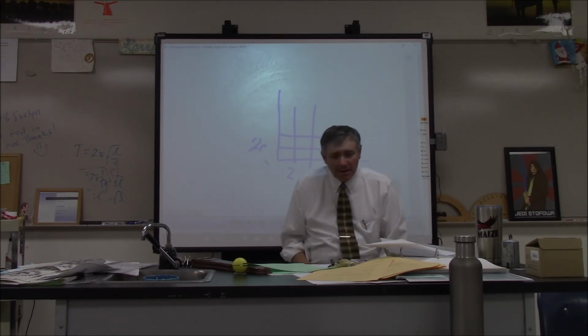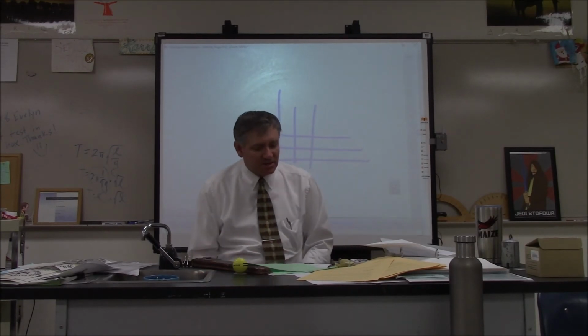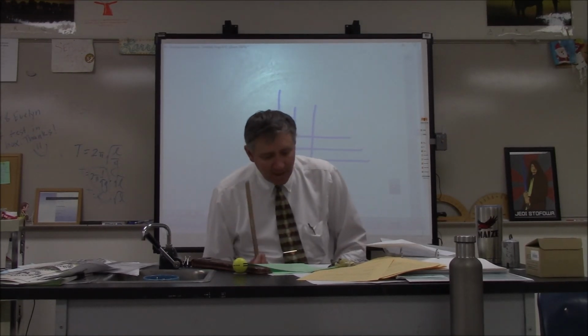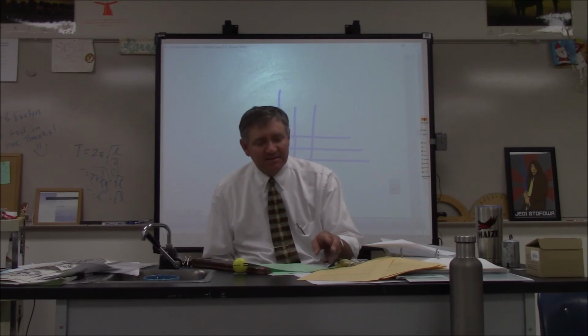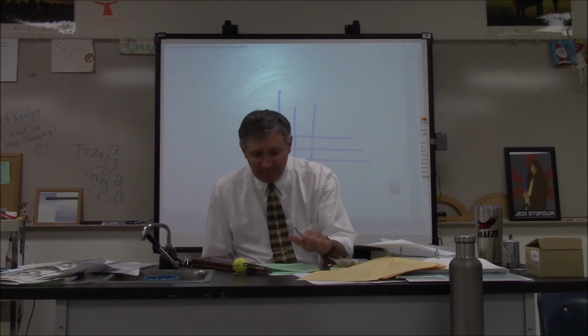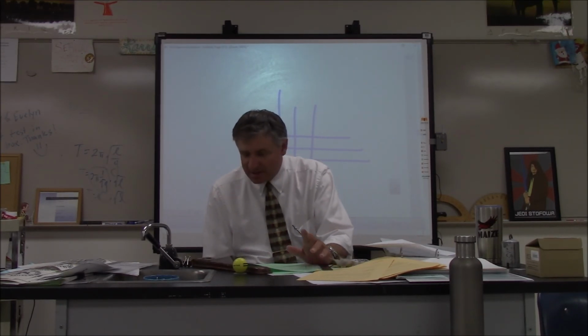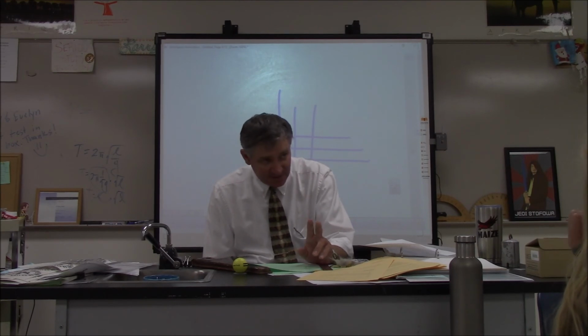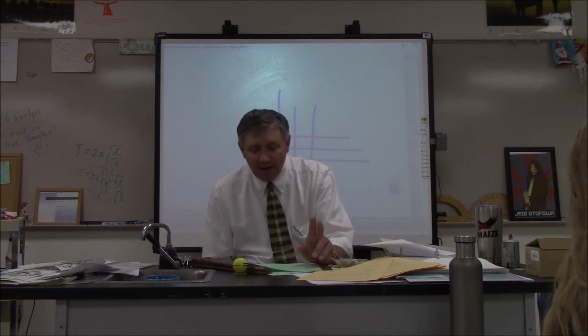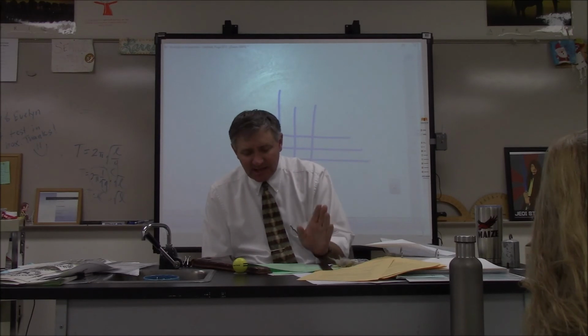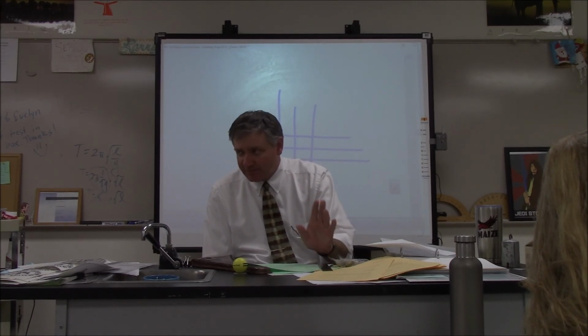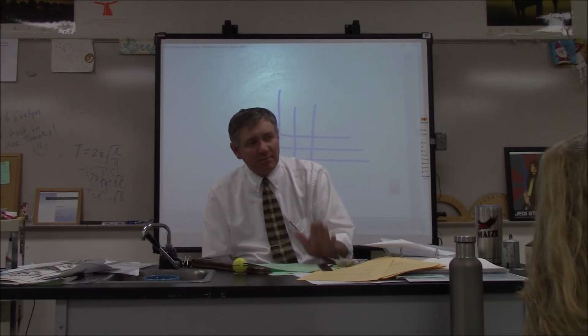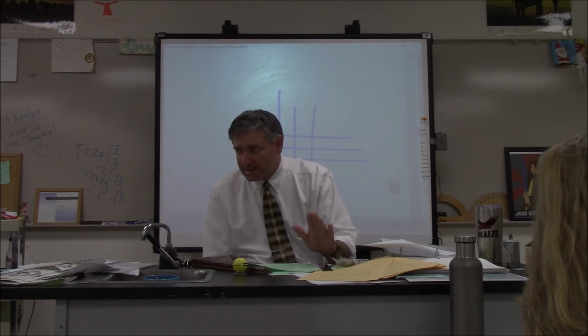Now, when you get down to question number 11, listen to me very carefully. In big, bold letters, number 1, I want you to reference both the position-time and the velocity-time graph. The other thing that's important is I say, hey, what's happening between 7 and 15 seconds? In other words, I'm giving you a specific point in time.